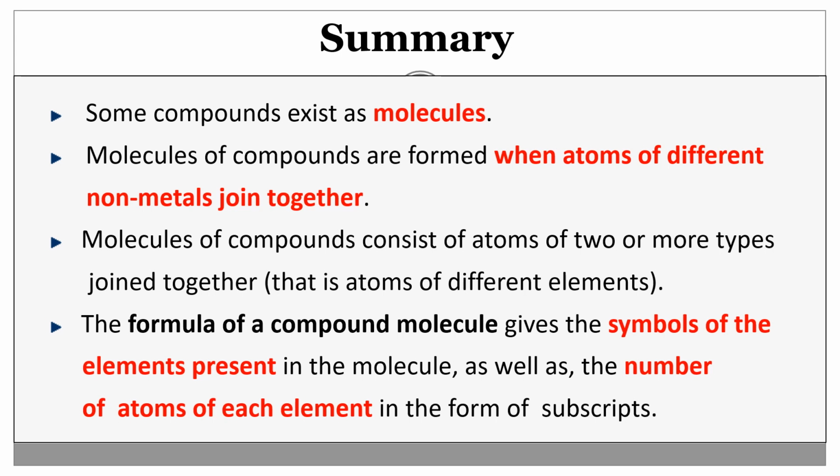Molecules of compounds consist of atoms of 2 or more types joined together, that is, atoms of different elements. The formula of a compound molecule gives the symbols of the elements present in the molecule as well as the number of atoms of each element in the form of subscripts.